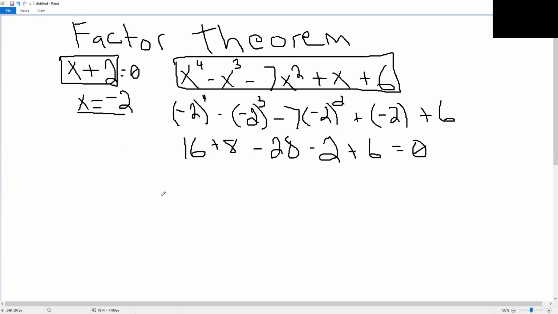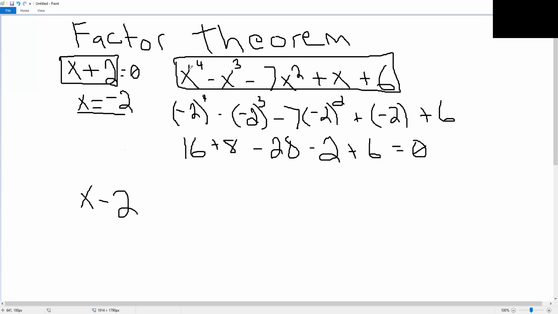We have to determine if x minus 2 is a factor of the original polynomial here.